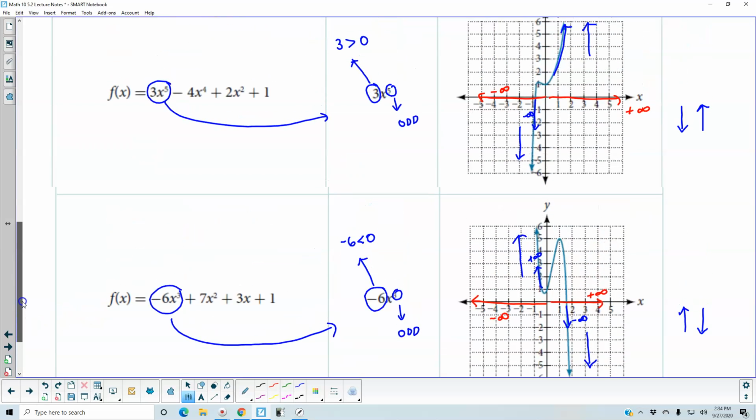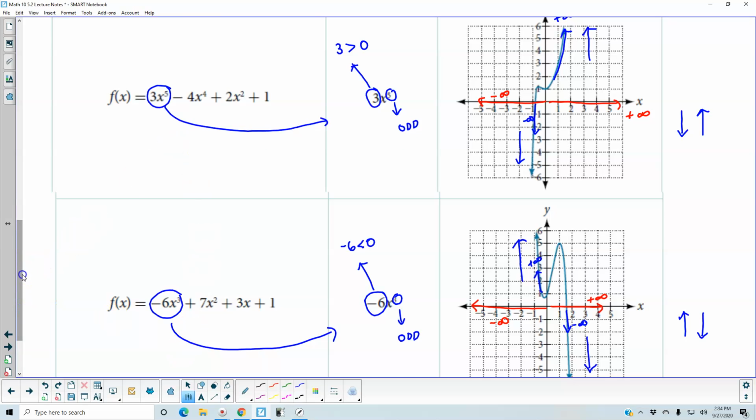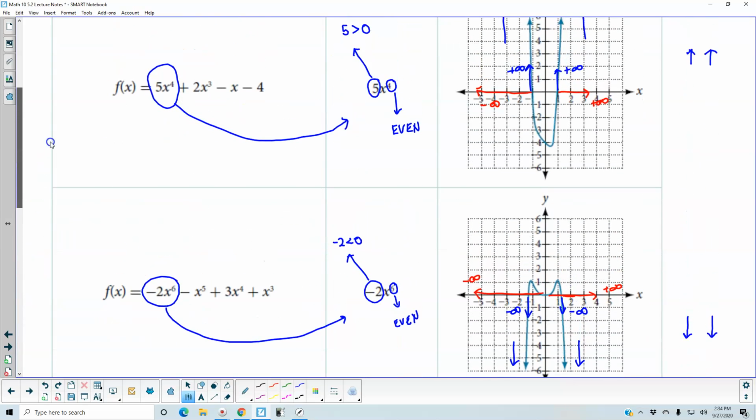So here are your 4 scenarios of our functions. So again, just to review this, if our leading coefficient is positive and we have an even degree, then it's going to rise on the left and rise on the right.